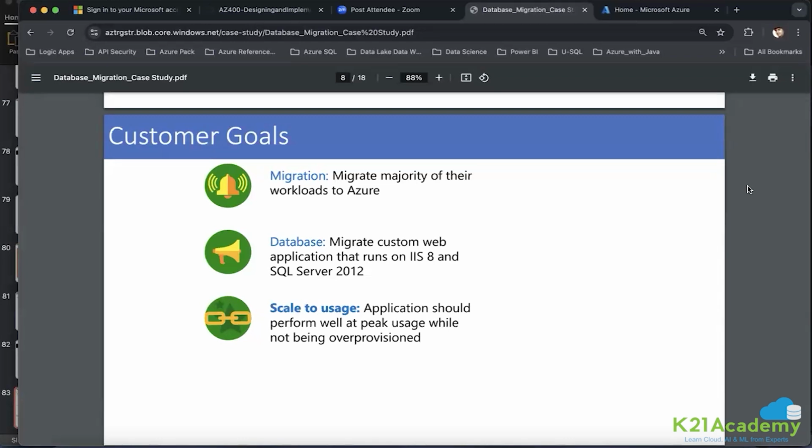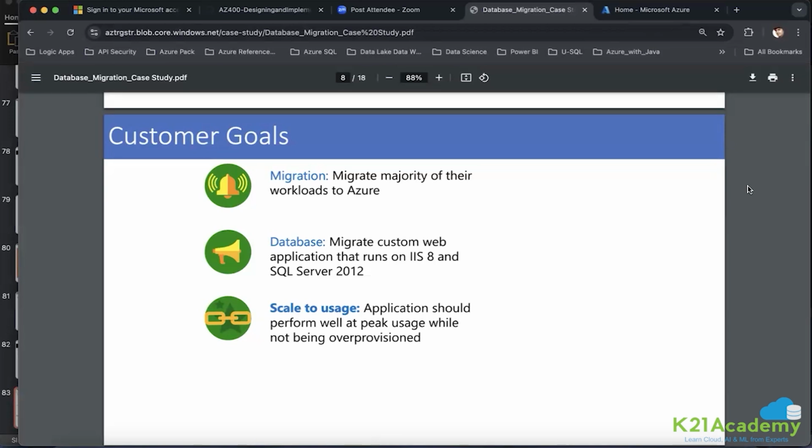The third component is scale to usage. Applications should perform well at peak usage while not being over-provisioned. Most customers come up with this kind of standard requirement. We need to plan and design with the best possible service offerings, and then optimize those services over time, looking at usage.